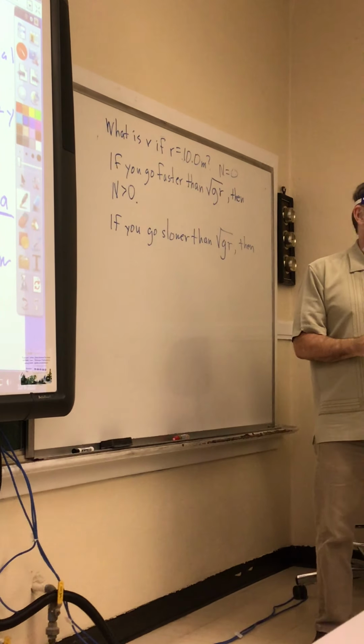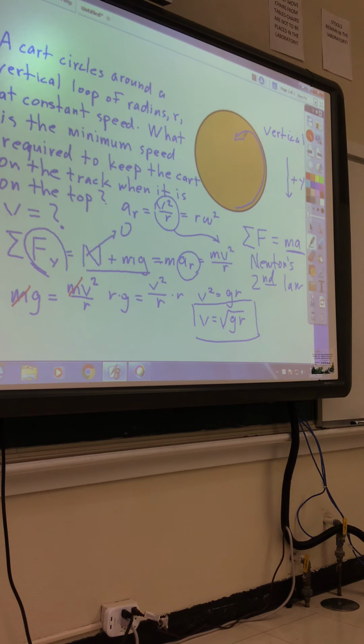You're going too slow, and before you get to the top, you start falling. You lose contact with the loop, and you start falling. Like the Hot Wheels going too slow: the loop's too big, it goes up, falls down.